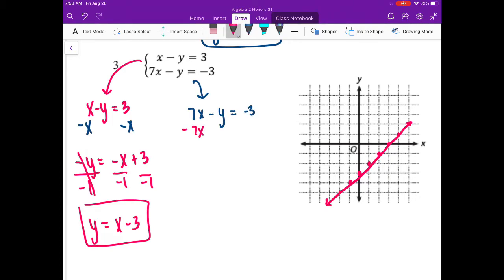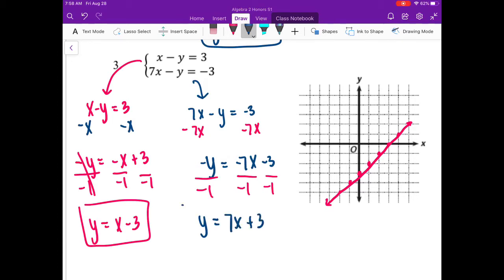So I'm subtracting 7x. I get negative y equals negative 7x minus 3. And now I'm dividing everything by negative 1. So I get y equals 7x plus 3. Start up at 3 on your y-axis, and you're going down 7 and over 1.